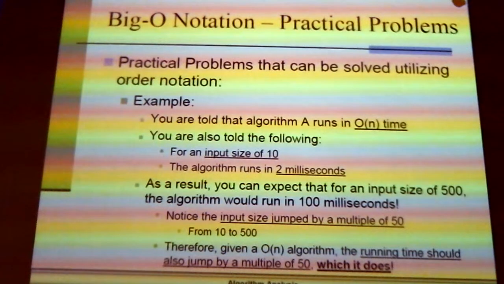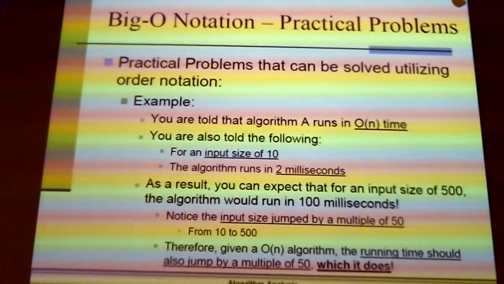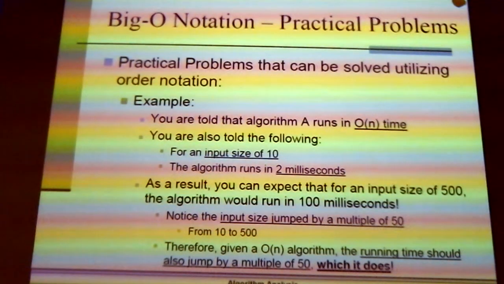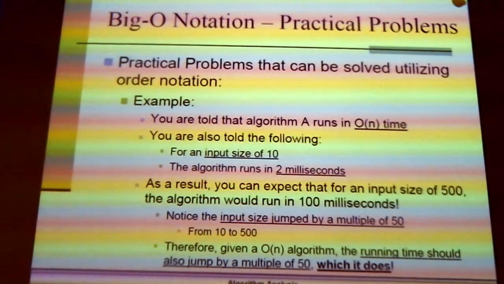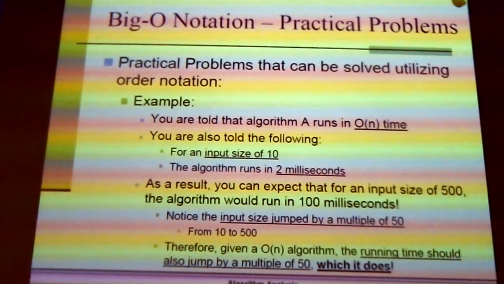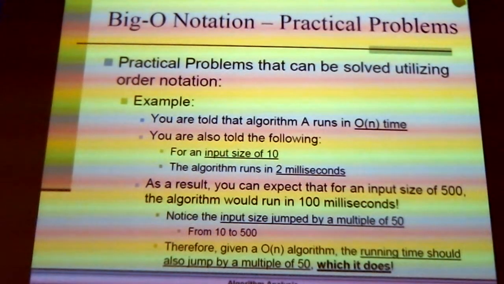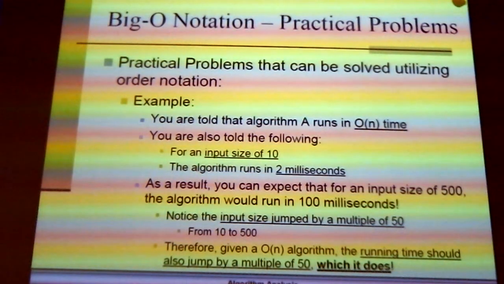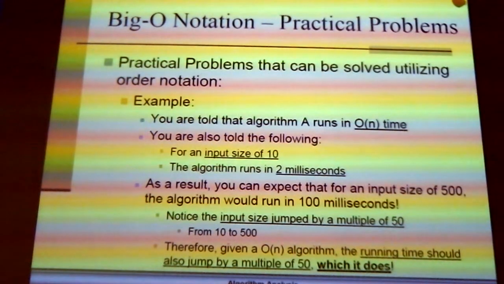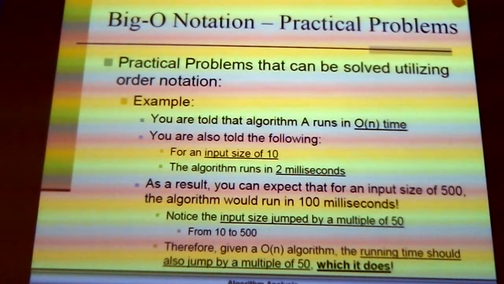So let's look at some actual practical problems, because all this theory, I don't understand the point. Okay, so practical problems when we're using big O. You have an algorithm that runs in linear time, or O of n is linear time, and you are given the following.